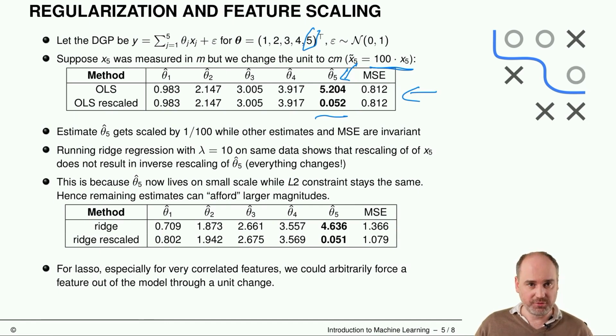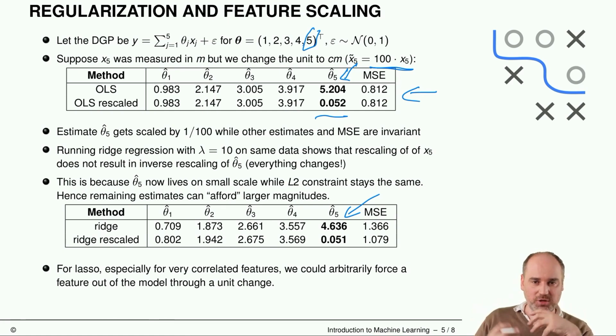Now, if we do ridge regression now, and we do this on the same 2 data situations, something different happens. So everything basically changes a bit. And maybe we can start by looking at what happens with theta 5. What happens here is, of course, theta 5 becomes smaller to counteract the multiplication by 100, but it doesn't become smaller exactly by a factor of 100 because the coefficient value is now smaller, so it's penalized less.